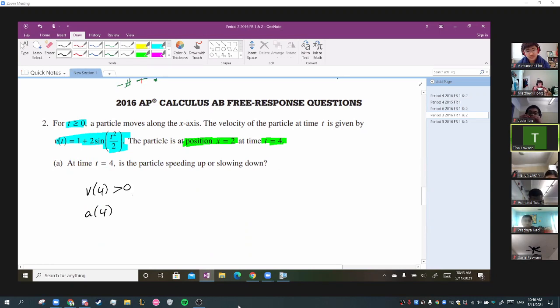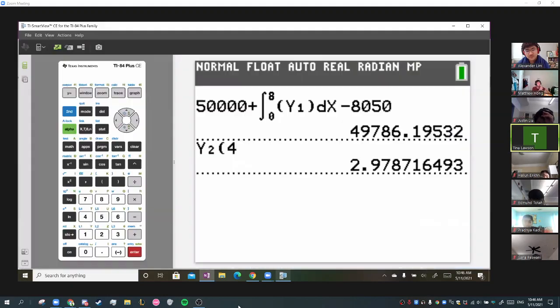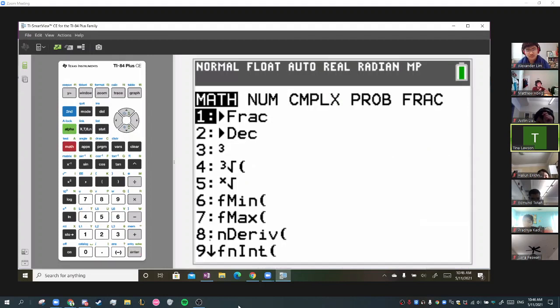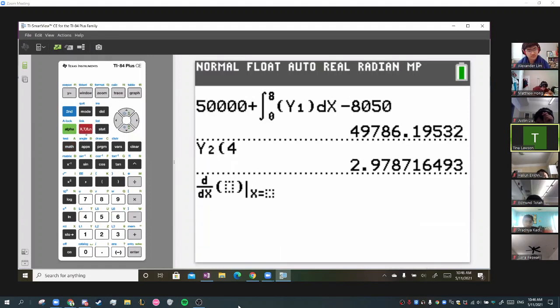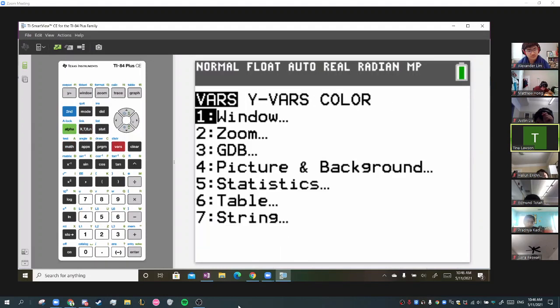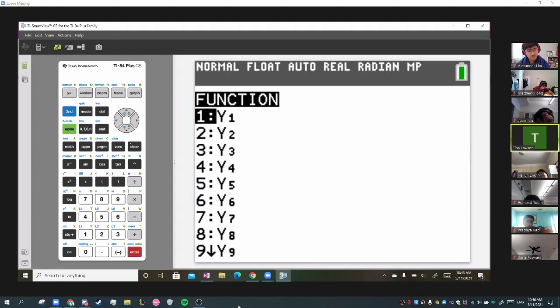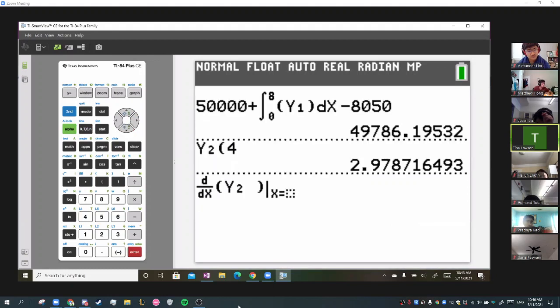Now for the acceleration, let the calculator do the work. Do not waste valuable math minutes. Here's what you do. You go, okay, I want to use math and I want to let the calculator take the derivative. That's number 8. With respect to x, I want the calculator to take the derivative of what is in y2 for me, but at a very particular location.